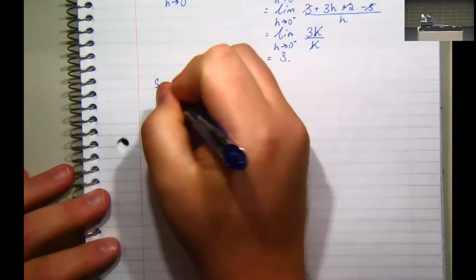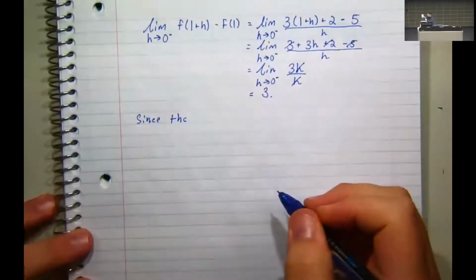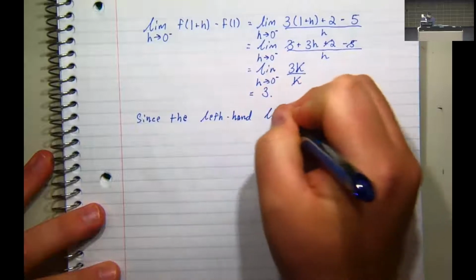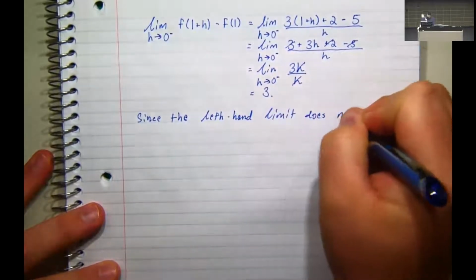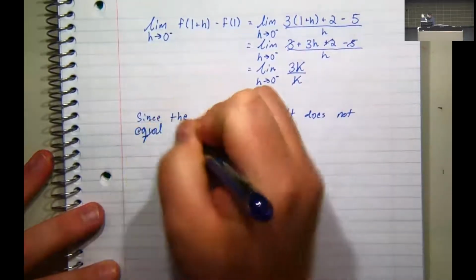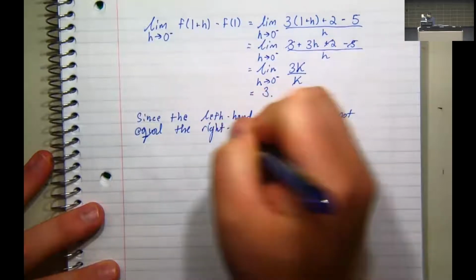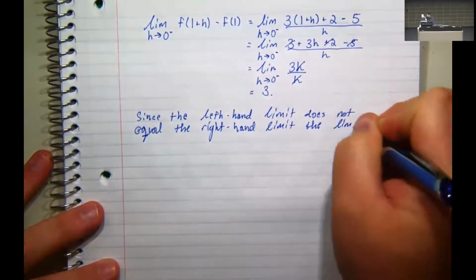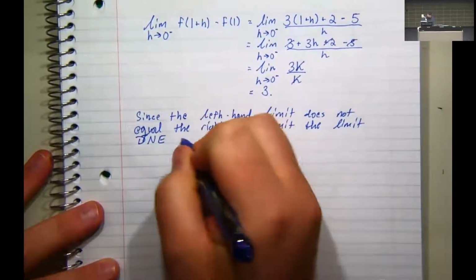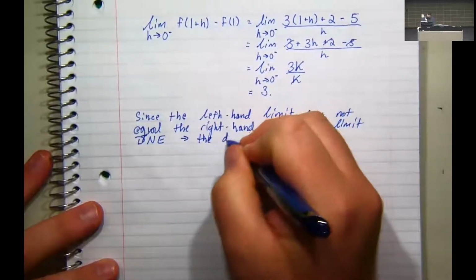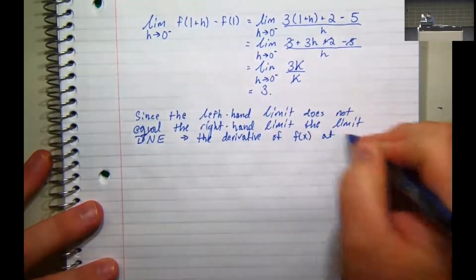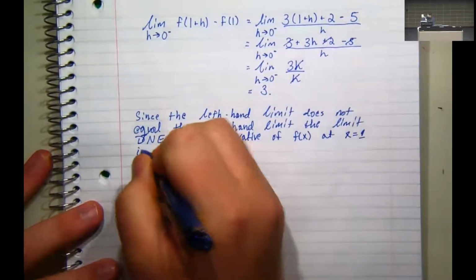So therefore, since the left-hand limit does not equal the right-hand limit, the limit does not exist, which means the derivative of f at x equals 1 is undefined.